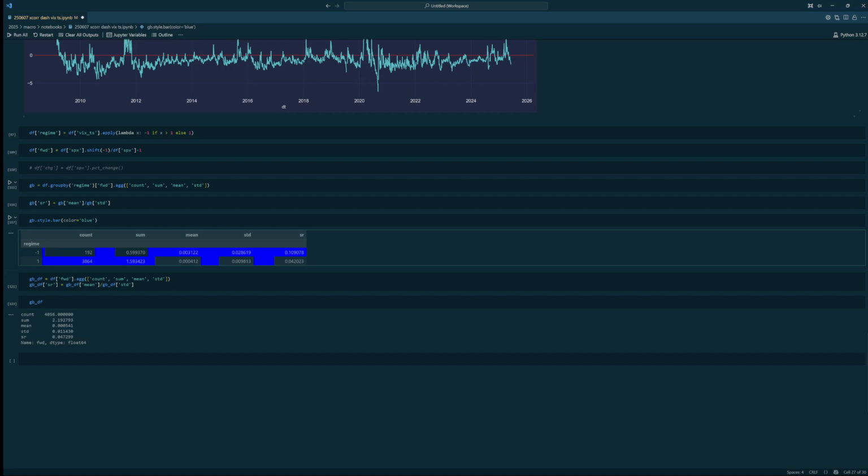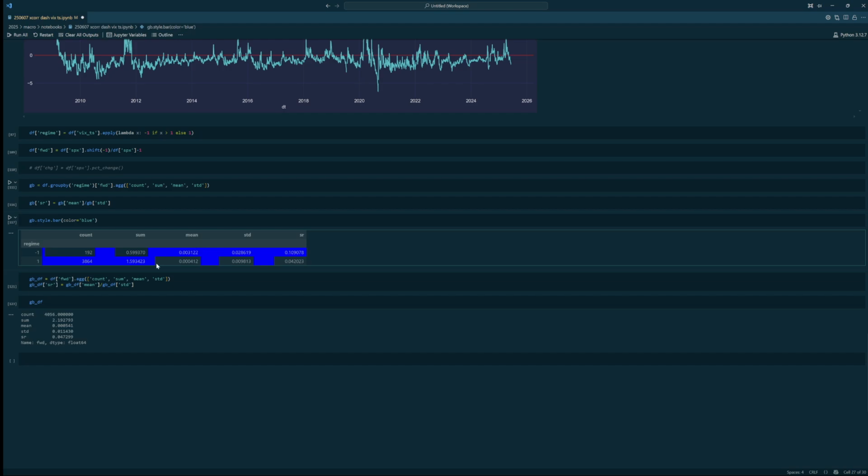This actually seems really messed up. Does the market really only give you less than half a basis point a day? Yeah, it's like half a basis point a day.